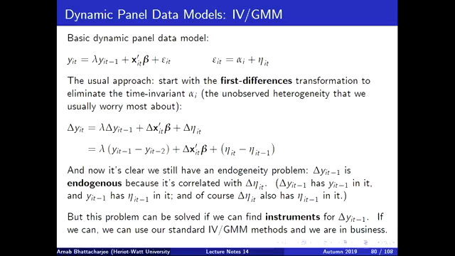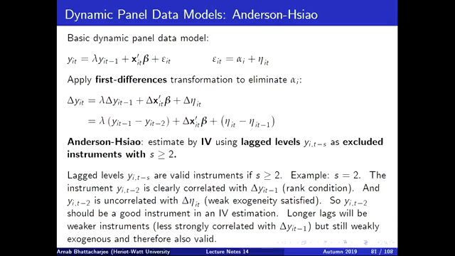Otherwise you have very bad, oscillating dynamics. So lambda square is going to be smaller, lambda cube even smaller, and so on. You can go on accumulating instruments like this. However, the instruments start becoming weaker the further you go back into the past, so you start having a weak instruments problem. The longer lags will be weaker instruments.